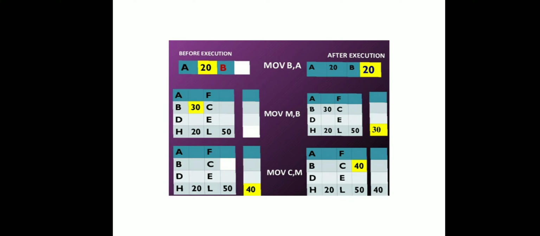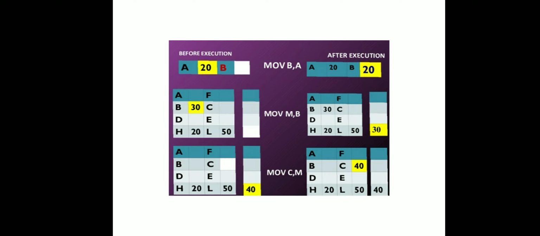For MOV M, B, here the memory location is specified by the HL pair register. Before execution of this instruction, the data is present in the B register, and after execution the data is copied to the memory location specified by the HL pair.